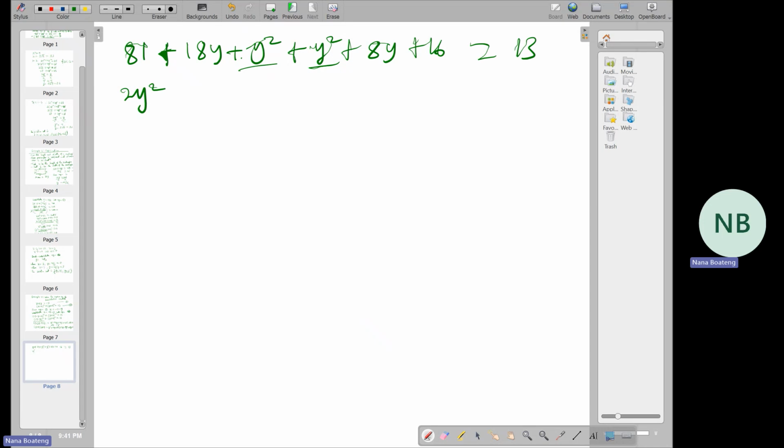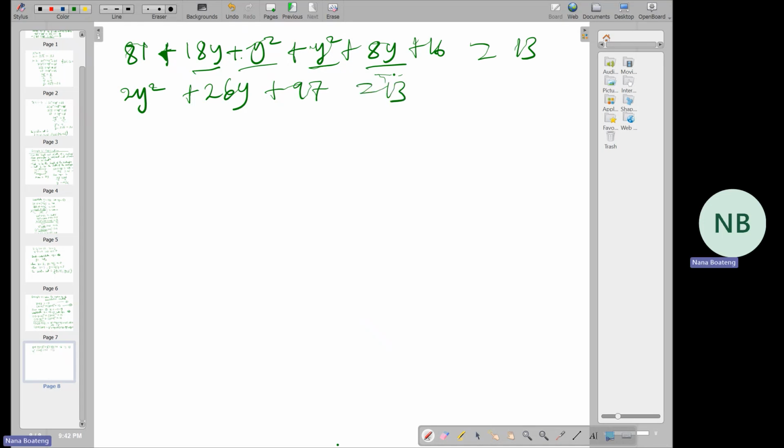And we have 18y plus 8y, that gives us 26y. So 2y squared plus 26y, and we have 81 plus 16, that gives us 97. So plus 97 is equal to 13.